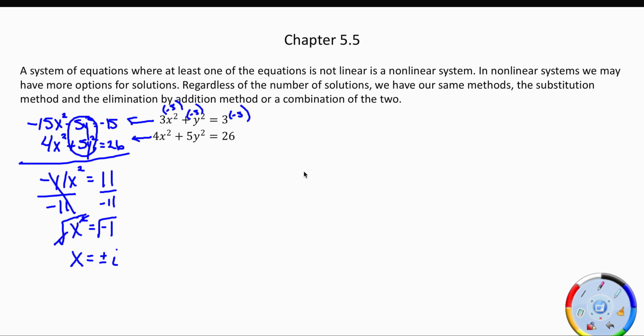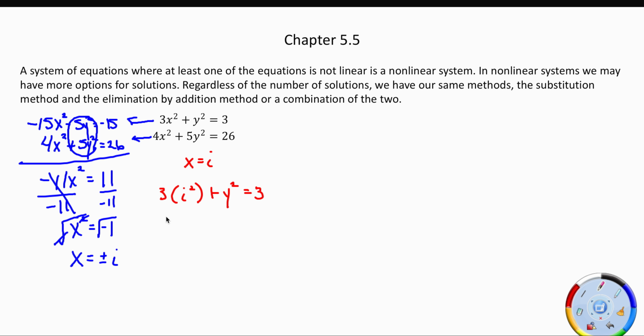Again, I'm going to do it to this top equation where my numbers are smaller, but I could use either one. So if I let x be, let's do positive i first. If x is just i, and I plug in, I have 3 times i squared plus y squared equals 3.